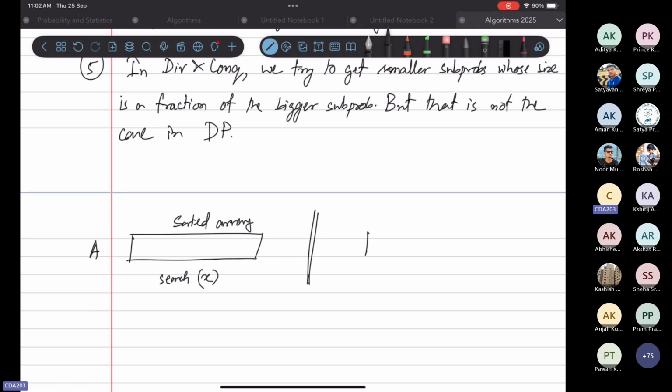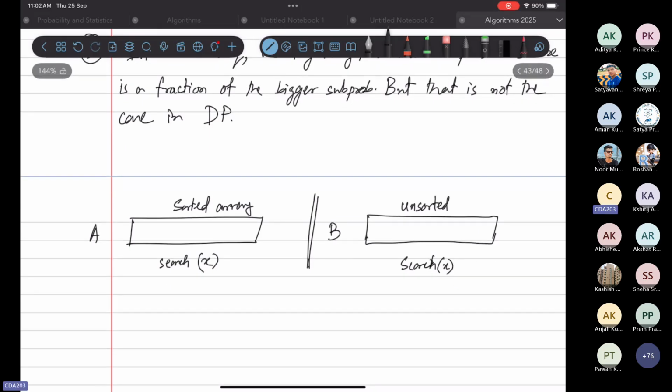On the right hand side, I'm also writing a similar problem. Search for this element X, but this time this array is not sorted. You know how to solve the left problem. It's basically binary search.